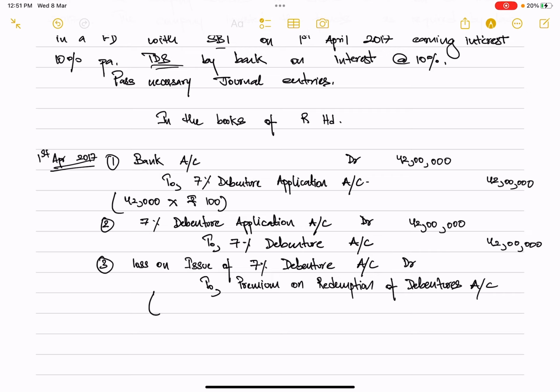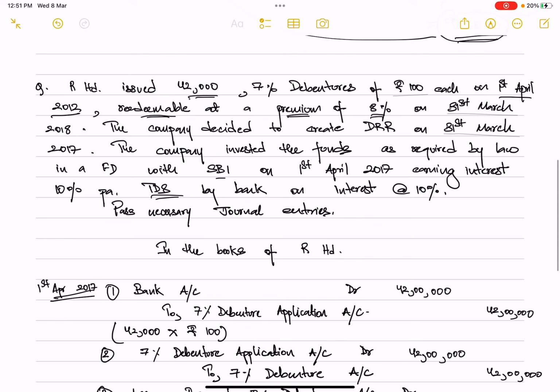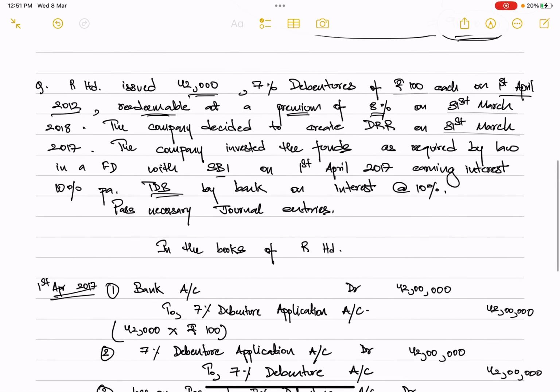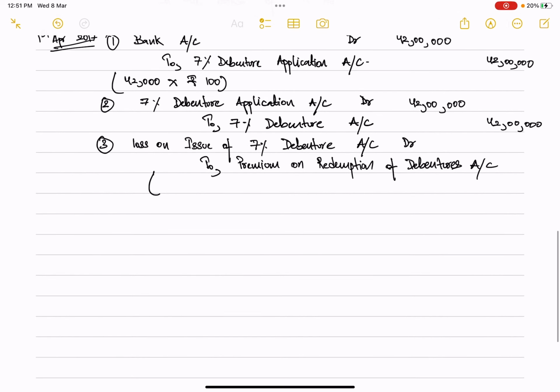Now, what will be the value for this? It has been stated in the question that these debentures will be redeemable at a premium of 8%. So 8% of 42 lakh rupees.